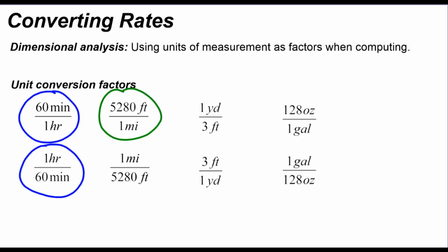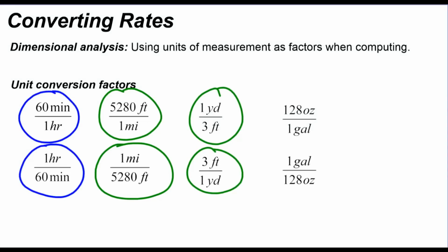So this ratio here is not a unit rate, it's a unit conversion factor, because it's equivalent to 1. And then the reciprocal, 1 mile for every 5,280 feet, 1 yard to 3 feet, 3 feet to 1 yard, 128 ounces to 1 gallon, or 1 gallon to 128 ounces. So two different units, but they're equivalent to each other. That makes a unit conversion factor.